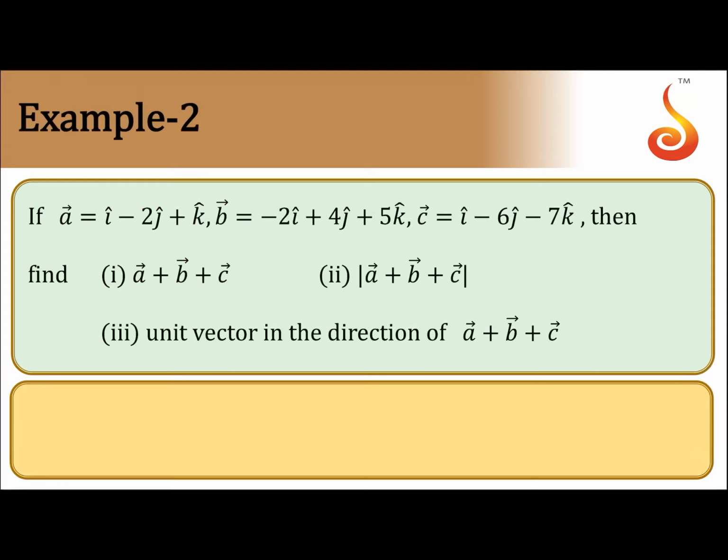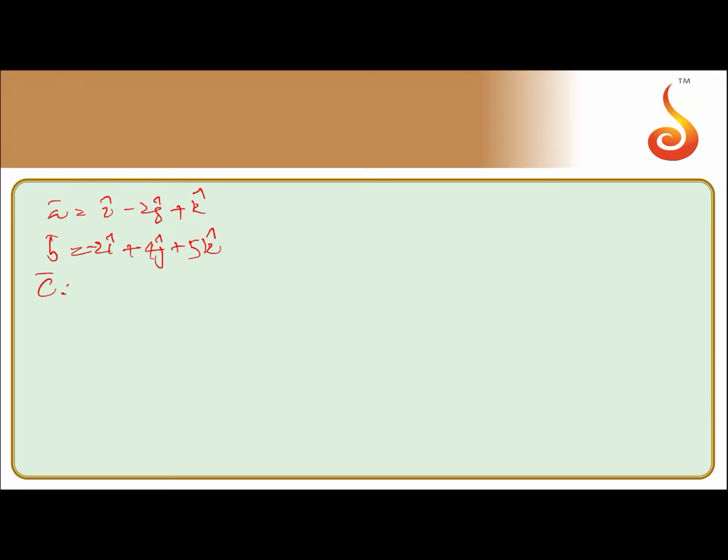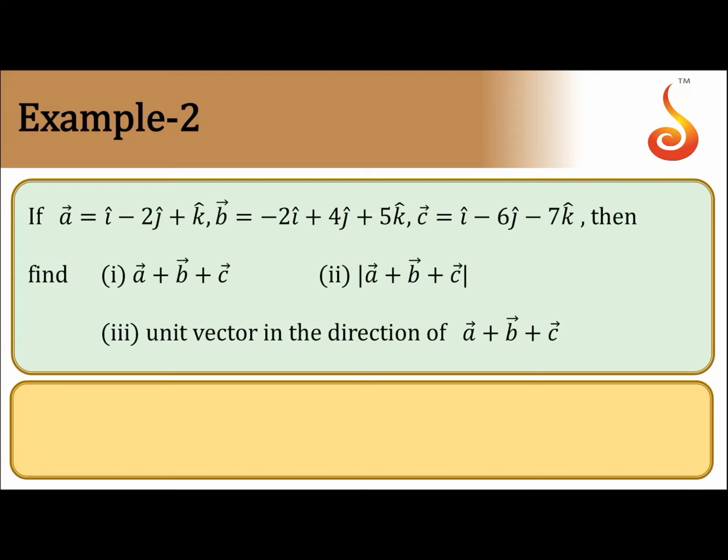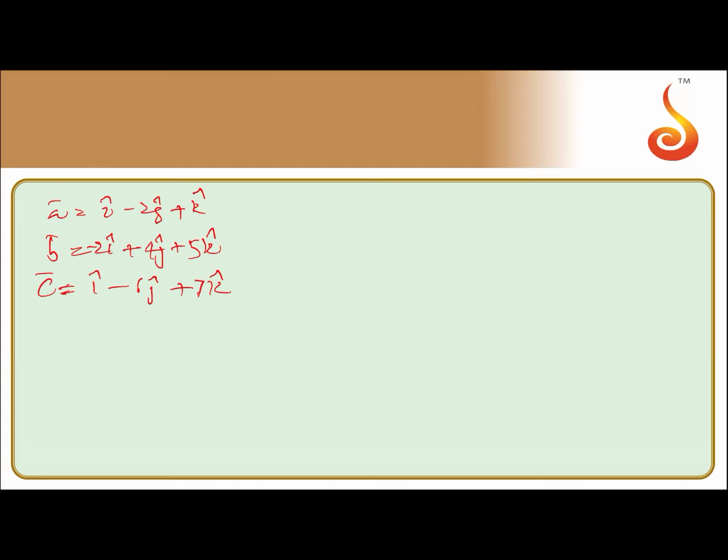And c vector is equal to i minus 6j minus 7k. You're asked to find the sum a plus b plus c, its magnitude, and the unit vector in the direction of a plus b plus c.